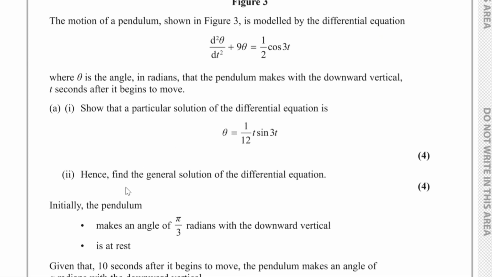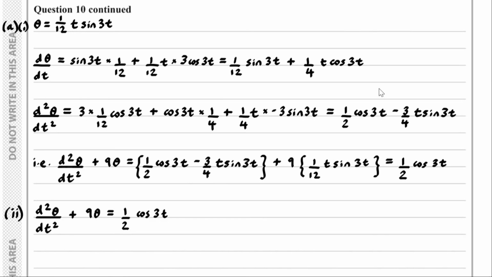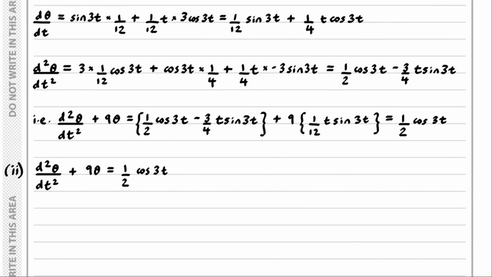And now we have to find the general solution to the differential equation. So far I've got my differential equation d squared theta over dt squared plus 9 theta equals 1/2 cos 3t. And what we can do is find the auxiliary equation by considering what's on the left hand side.